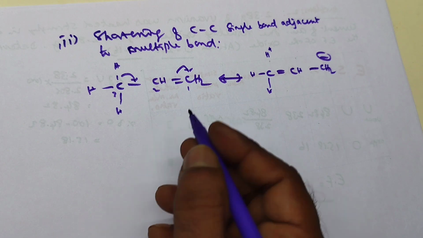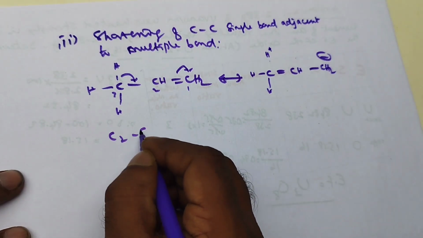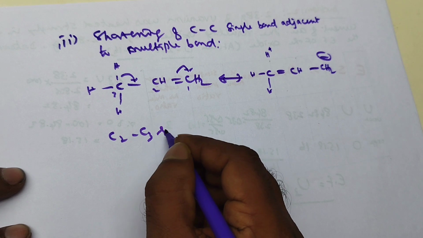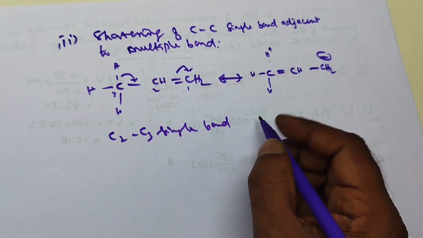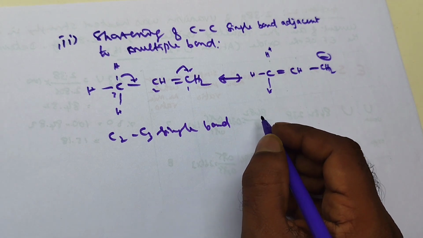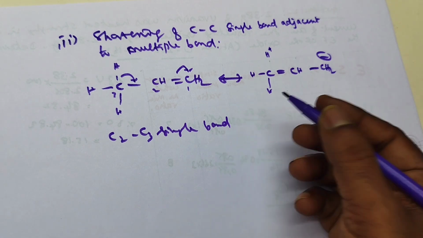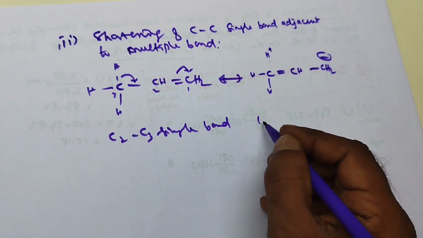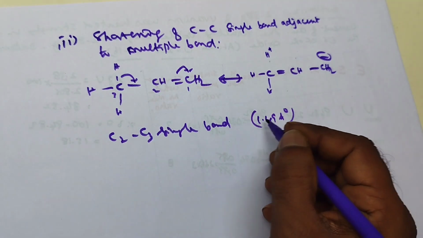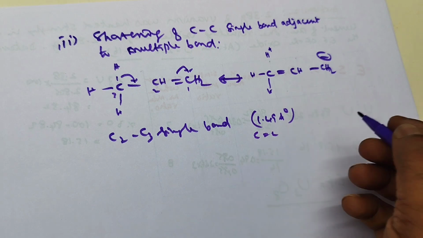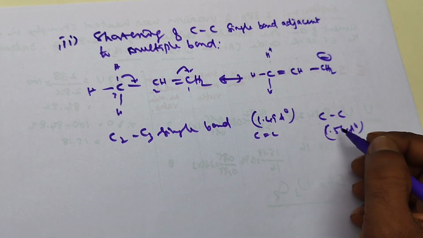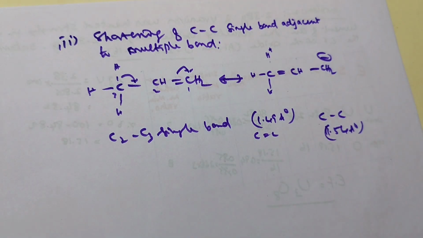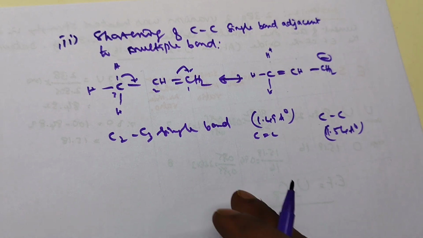Here, because of the hyperconjugation, the C2-C3 single bond acquires some double bond character, and hence it is a little shorter. For example, it is 1.49 angstrom, whereas the normal carbon-carbon single bond is 1.54 angstrom. So that is why the bond is shortening. That is another application.